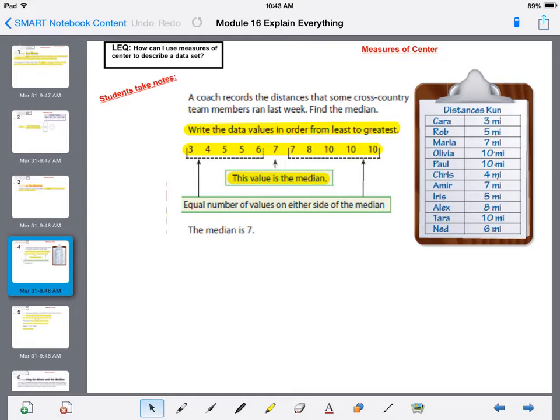And make sure that when you order them from least to greatest, you do count them and make sure that they match up. We have 11 data values in the set, and what we can do is cross out the little guy with the big guy, little guy, big guy, little guy, big guy, little guy, big guy, little guy, big guy. That guy in the middle, that guy in the center, he is the median.